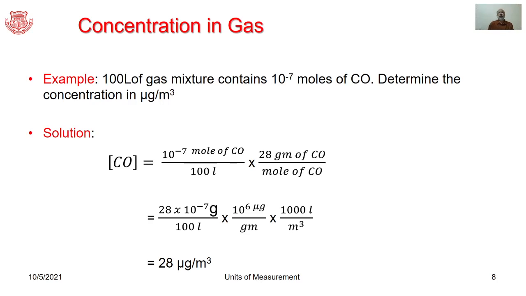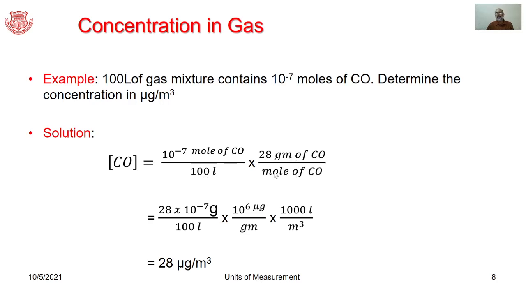Here is another example which helps us to determine the concentration in gas. 100 liters of the gas mixture has 10 raised to minus 7 moles of carbon monoxide. We want to determine the concentration in microgram per cubic meter. So the given concentration is 10 raised to minus 7 mole of carbon monoxide per 100 liters.